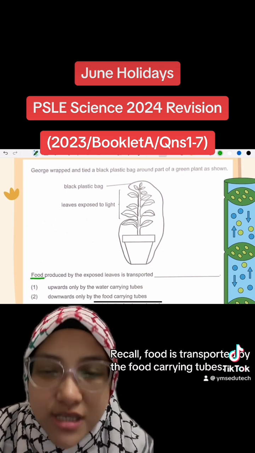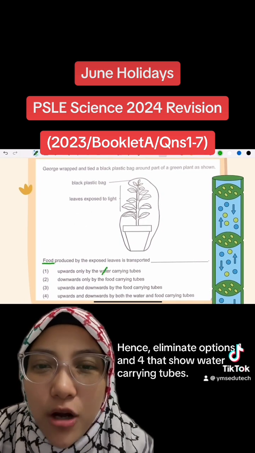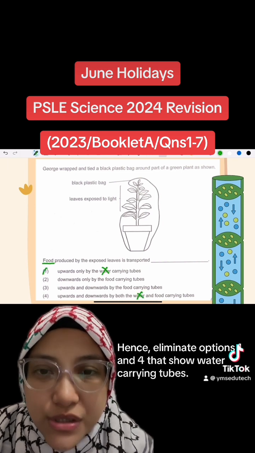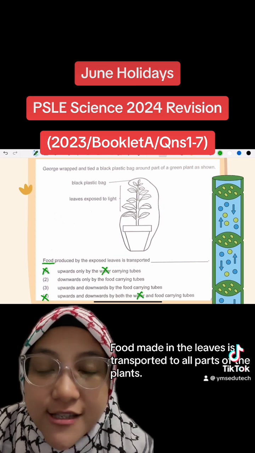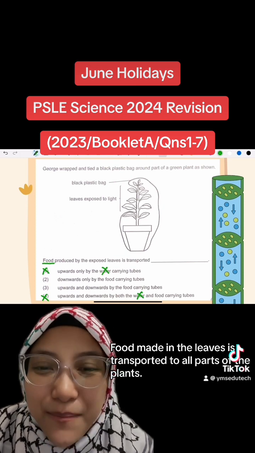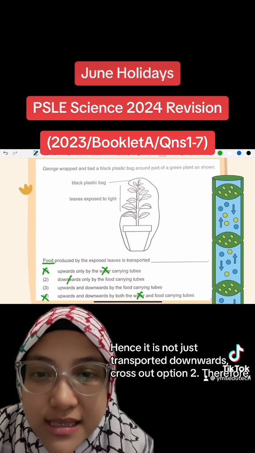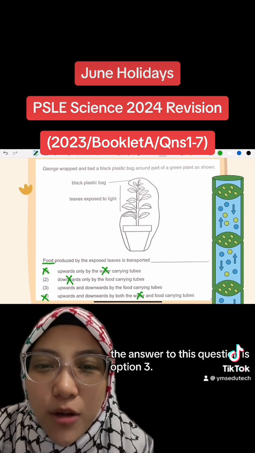Recall, food is transported by the food carrying tubes. Hence, eliminate options 1 and 4 that show water carrying tubes. And food made in the leaves is transported to all parts of the plants. Hence, it is not just transported downwards. Cross out option 2. Therefore, the answer to this question is option 3.